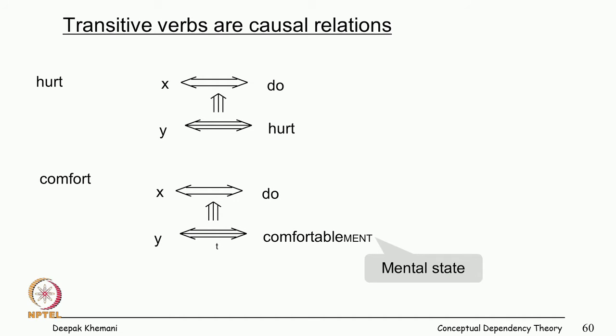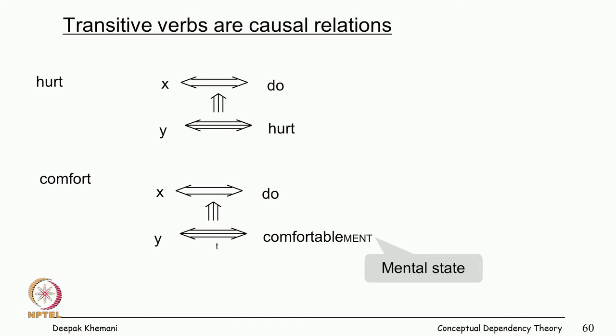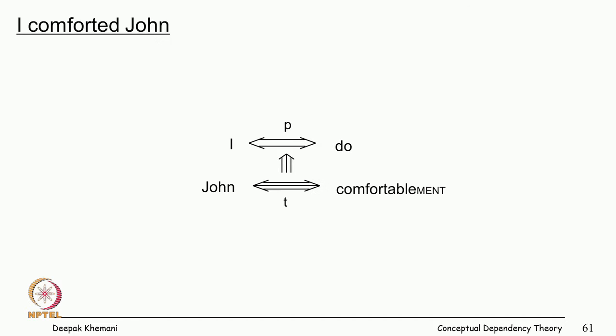Hurting somebody. So, notice that some of these are states and some of these are events. So, these were one event resulting in another event, and what we have here is an event resulting in a state essentially. So, hurting somebody means doing something as a result of which the other person is hurt.